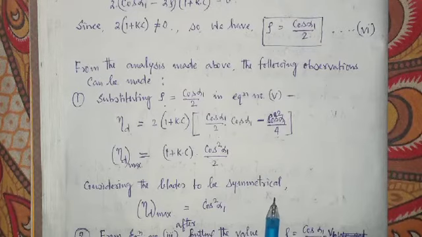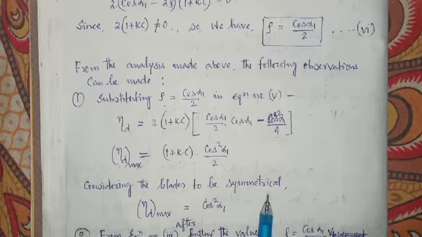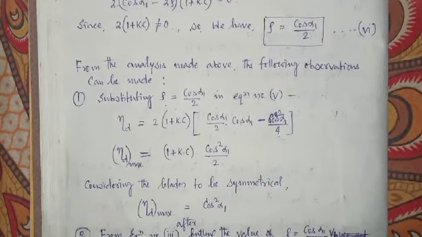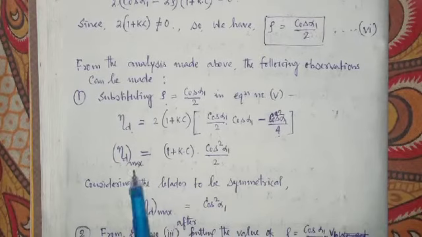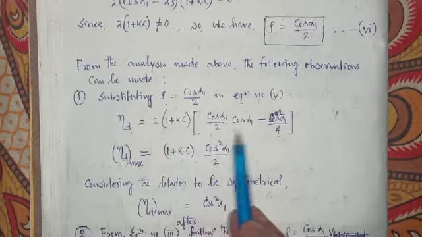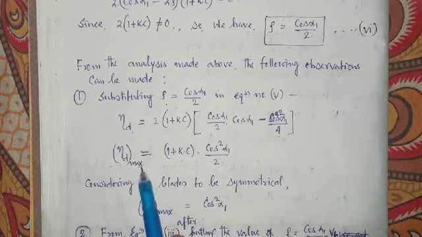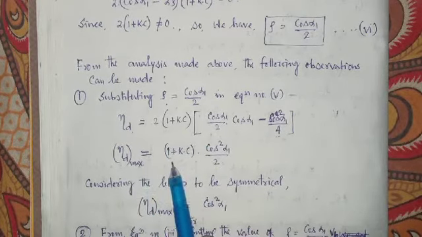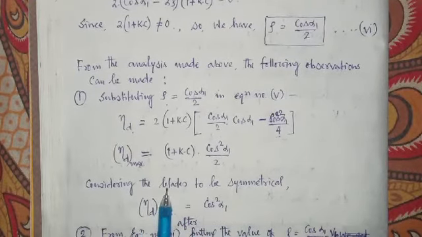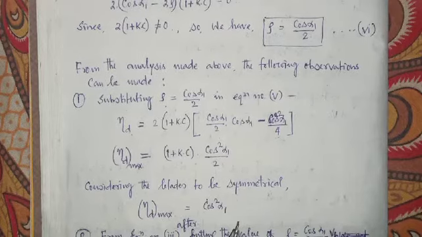K is the ratio of two absolute velocities. So we are putting the values of rho in this equation 5, and we will have the maximum blading efficiency, obviously after considering the blades to be symmetrical.